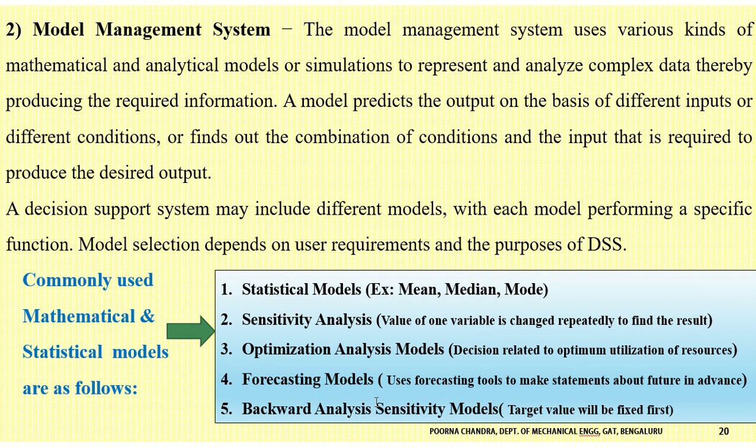For example, the sale of a product is affected by different factors such as price, expenses, advertisements, number of sales staff, production, etc. So using a sensitivity model, the price of the product can be changed repeatedly to ascertain the sensitivity of different factors and their effect on sales volume.